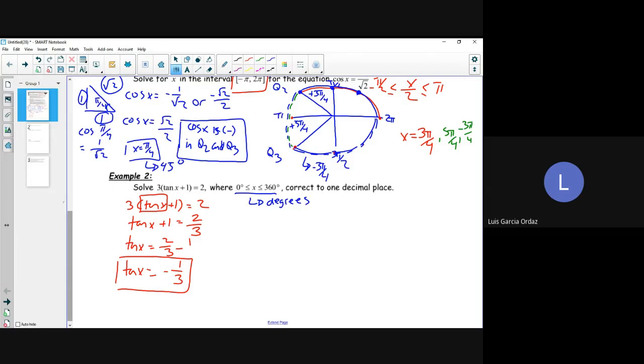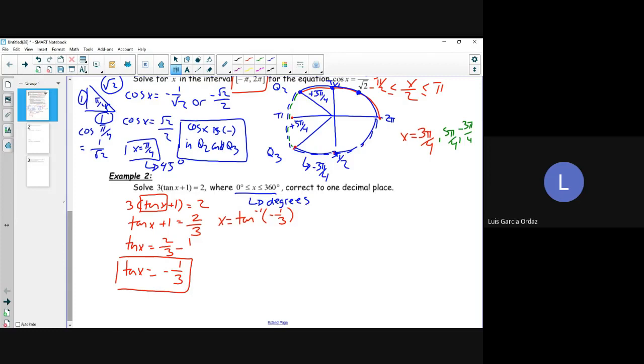How did they teach you how to figure out degrees in grade 10 and 11? So we're going to take the inverse of 10. So we get x is equal to 10 inverse of -1 over 3.